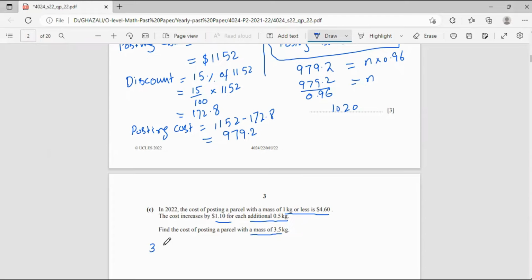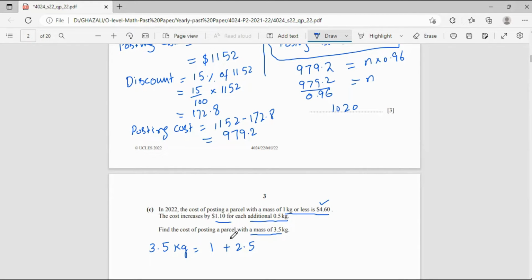Now we write 3.5 kg as 1 plus 2.5. Because the 1 kg posting cost is $4.60, and above 1 kg the cost for each 0.5 kg is $1.10.